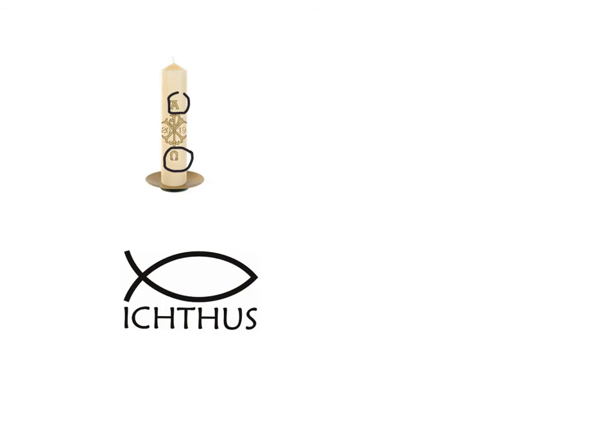We also see on this candle, though not on every Paschal candle, 2 other Greek letters which we see quite often in Christian symbolism. Here in the middle of the candle, you can see the letter Chi, and superimposed above it, the letter Rho.